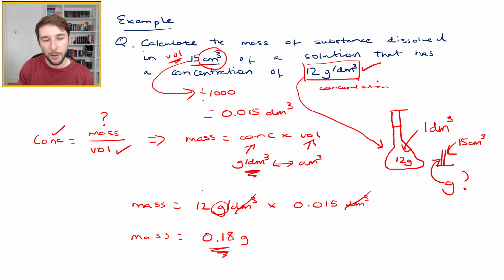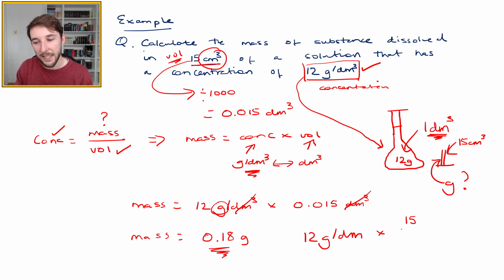Now, essentially all we're doing here is multiplying the concentration by a fraction. Let's say this whole volume here, 1 decimeter cubed, is 1000 centimeters cubed. If the concentration was 12 grams per decimeter cubed here, I'm saying that I took 15 centimeters cubed out of 1000 of the total.